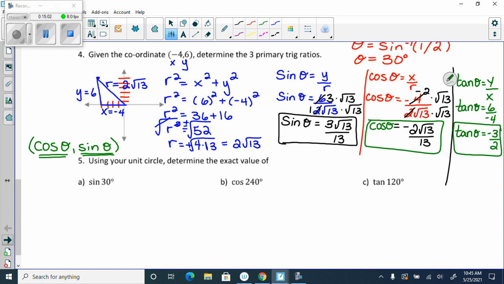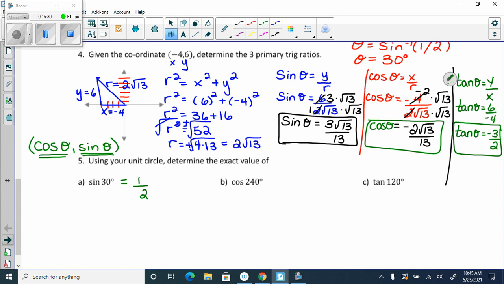We agree? So I go to sine of 30. Go to 30 on your unit circle and tell me what the y value is. Everyone should get 1/2. We go to 30 and we pick the y value, right? And it's 1/2. Does everyone understand that?